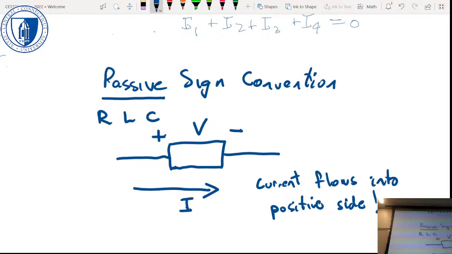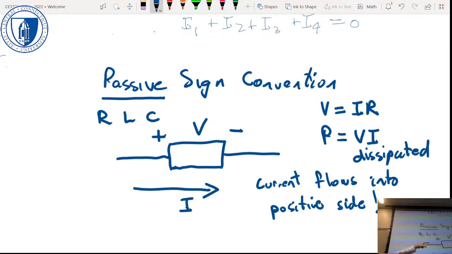These are passive devices, so they consume or dissipate power. Again, if my passive device didn't follow the passive sign convention, that equation would be P equals minus VI. Okay? Because a passive device has to dissipate power, so the negative of dissipation is generating power.